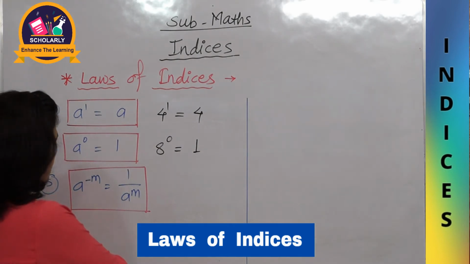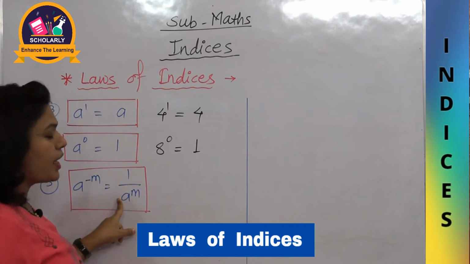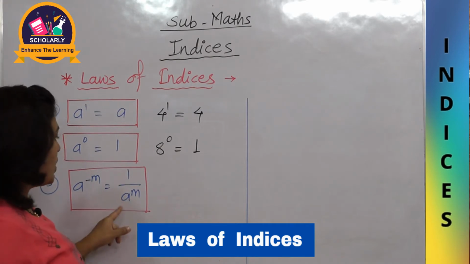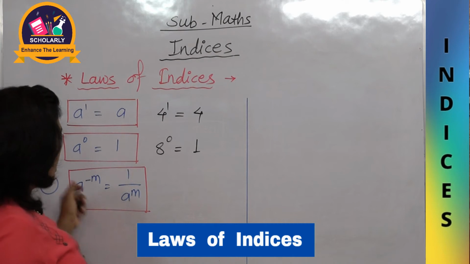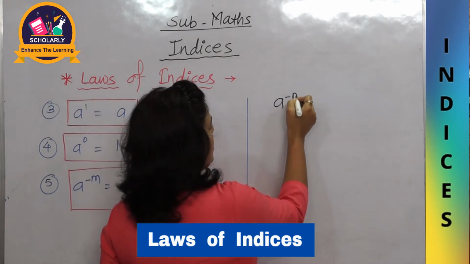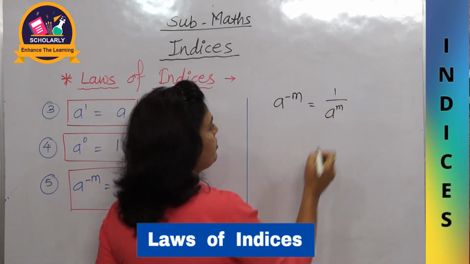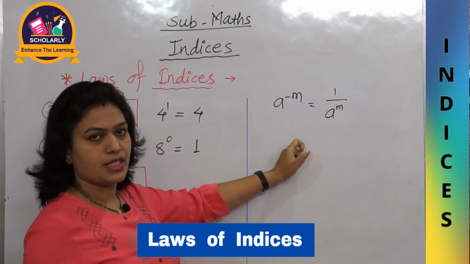Fifth law of indices is a raised to minus m equals 1 by a raised to m. Now let's see how we can write it like this. A raised to minus m equals 1 by a raised to m is the fifth law of indices.